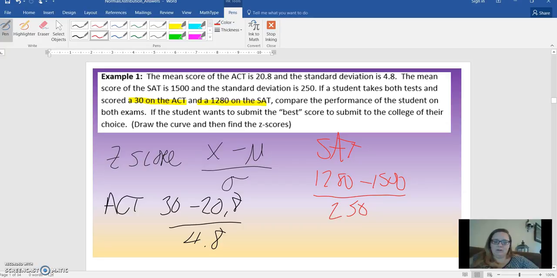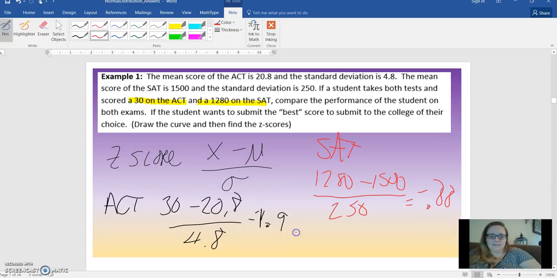So do this with me. 30 minus 20.8, we get 9.2 divided by 4.8. We get 1.9, so it's almost 2. 1280 minus 1500 divided by 250, I get negative 0.88.